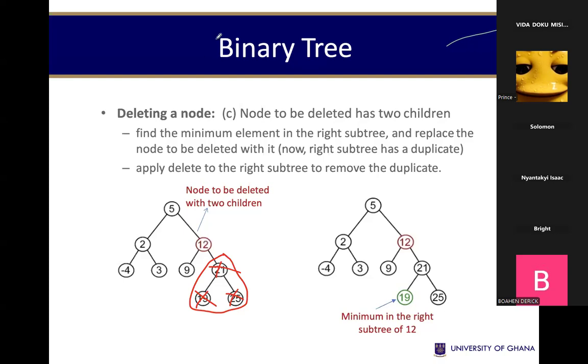Anyone else? Yeah, please, can I go ahead? Yes, please go ahead. My question is, what if at the last subtree, the right one, the last two were 19, 19? What if they were the same? How will you determine which is the minimum?